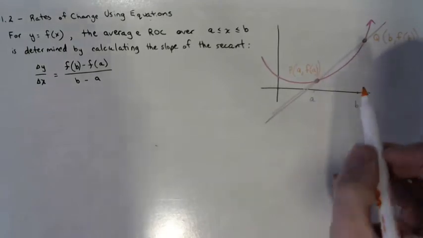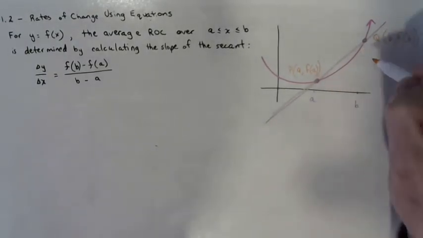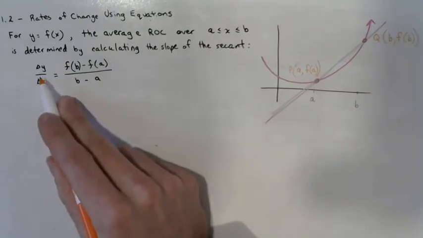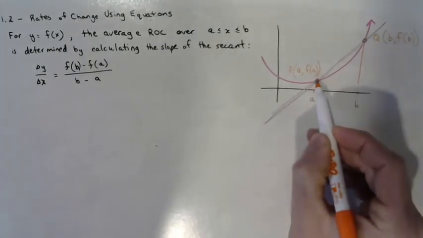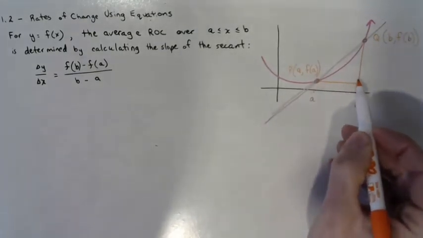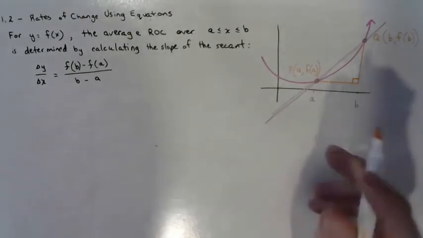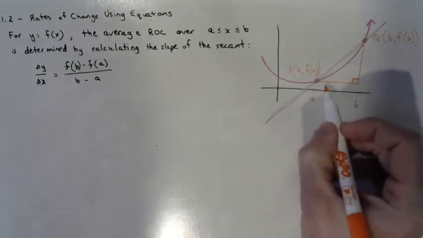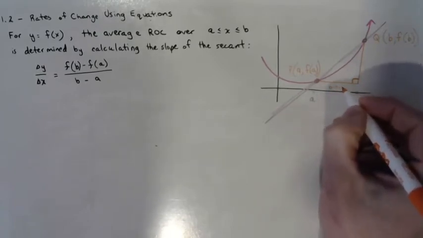Now, what's really happening here? The slope of this secant line really is delta y over delta x, the change in your y value over the change in your x value. So we've actually created a right angle triangle there where the length of this side is b minus a.